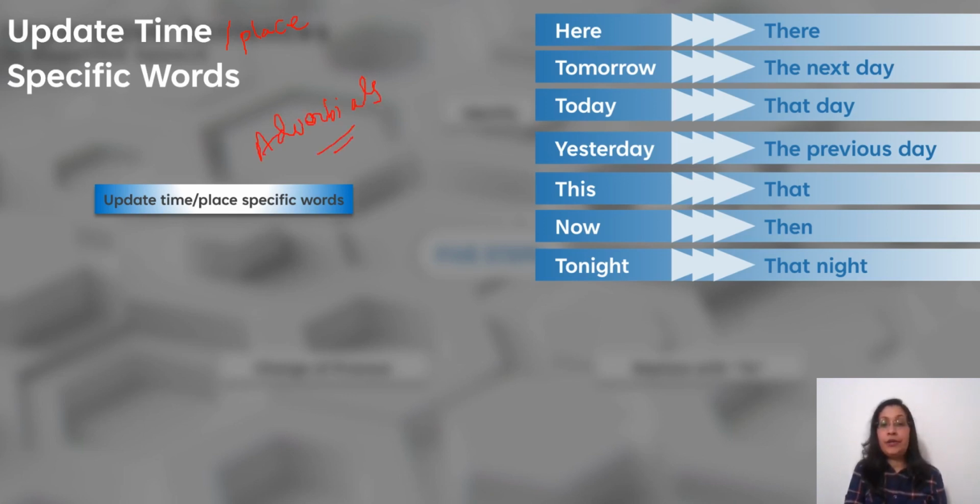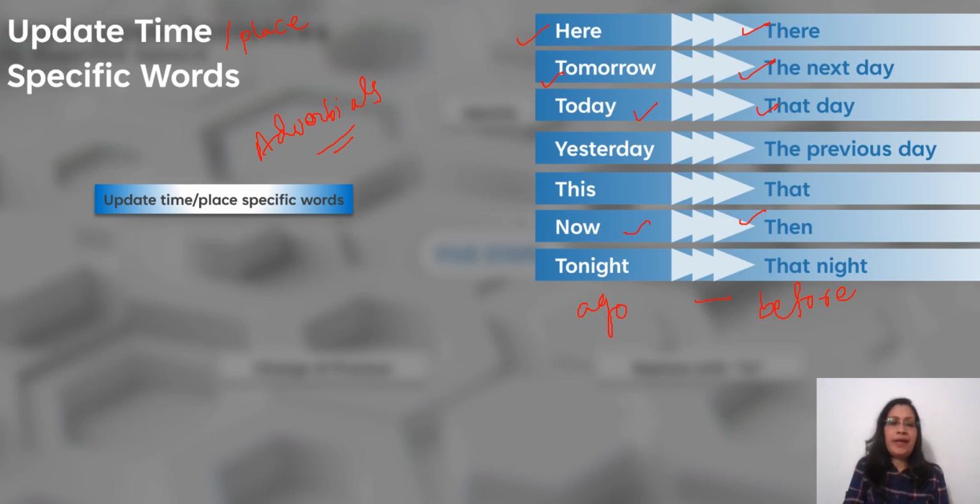As I've already told you, words denoting nearness change into words denoting distance. Here changes to there. Tomorrow changes to the next day. Today changes to that day. Now changes to then. Ago changes to before. This changes to that. These changes to those.